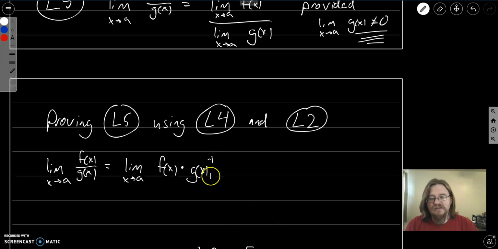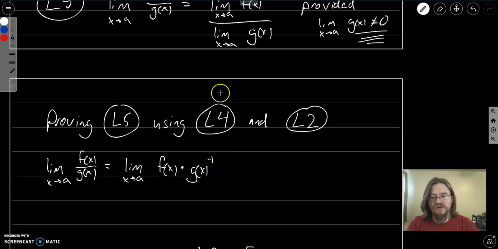Because if I raise something to the negative first power, I'm taking the reciprocal of it. So g of x to the negative first power is just 1 over g of x. And f times 1 over g of x, that's this. So I've turned division into multiplication with an exponent.